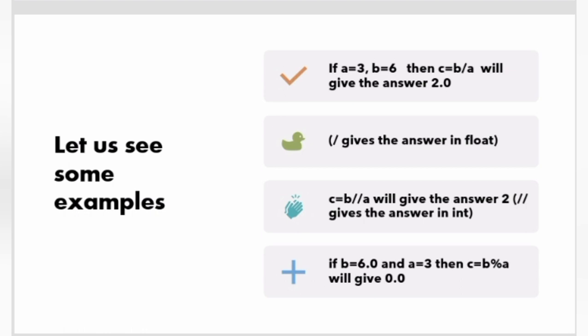And if C is equal to B // A is written, then it will only give the answer in integer, because // will always divide and give the quotient in integer. And if B is equal to 6.0 and A is 3, and we write C is equal to B modulus A, we will get the answer as 0.0 based on the floating point.